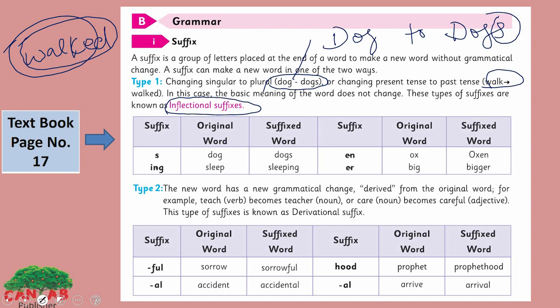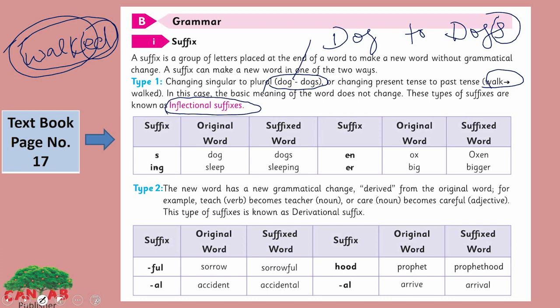Someone walked in the past, which is done. Walk in the present and walked in the past. So we have simply added ed here, and we have a change of present and past here.